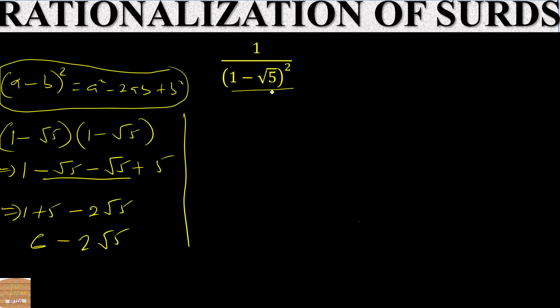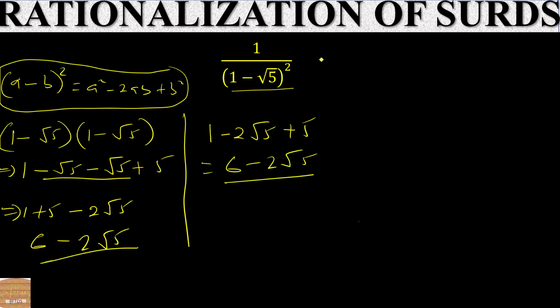So I'll square the first term, 1. Then I'll multiply everything in the bracket by 2. 2 times 1 is 2. So we have times minus root 5. So we have minus 2 root 5. And I will square this one. So I will get plus 5. So we have 6 minus 2 root 5. So this one is equal to this.